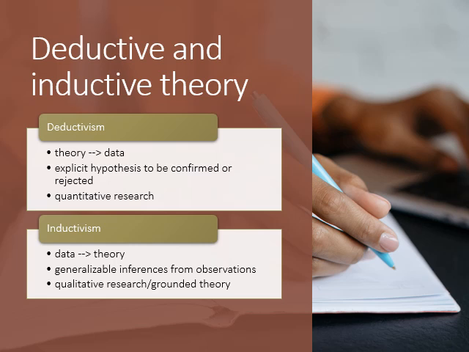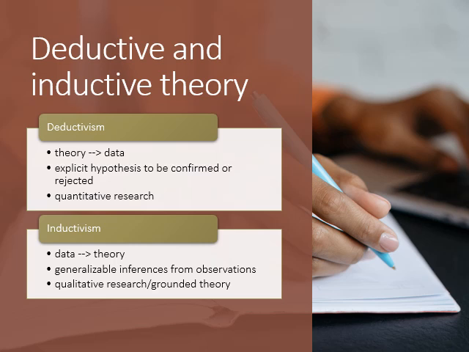Deductivism is closely associated with quantitative research methods, which rely on usually statistical analysis, numerical data, and often large sample sizes to test hypotheses. So, an example might be a researcher might begin with a theory that stress leads to lower academic performance and then collect data to confirm or refute this hypothesis.